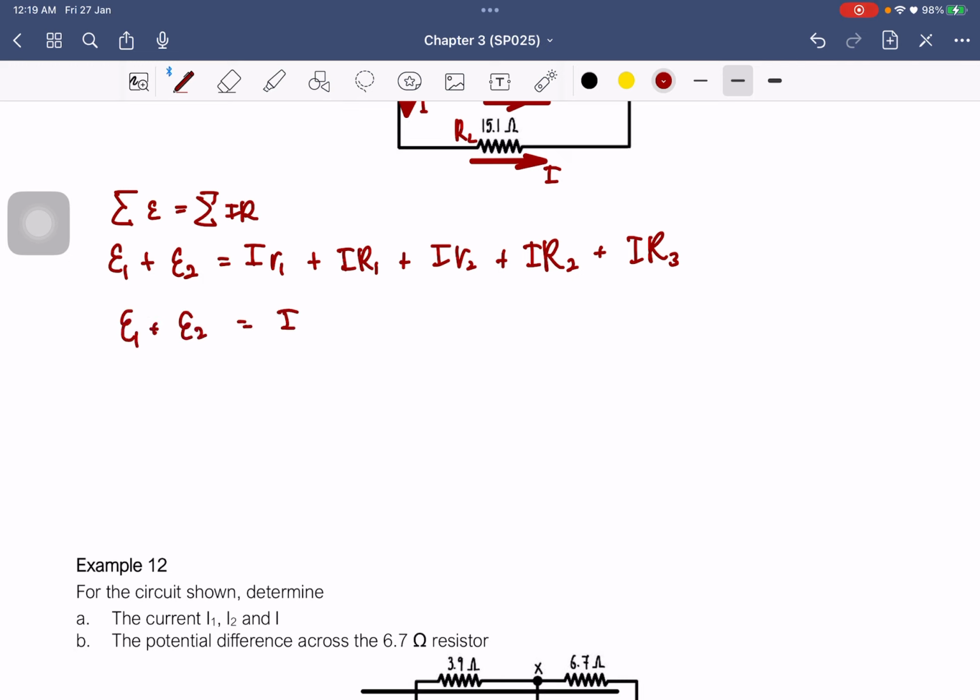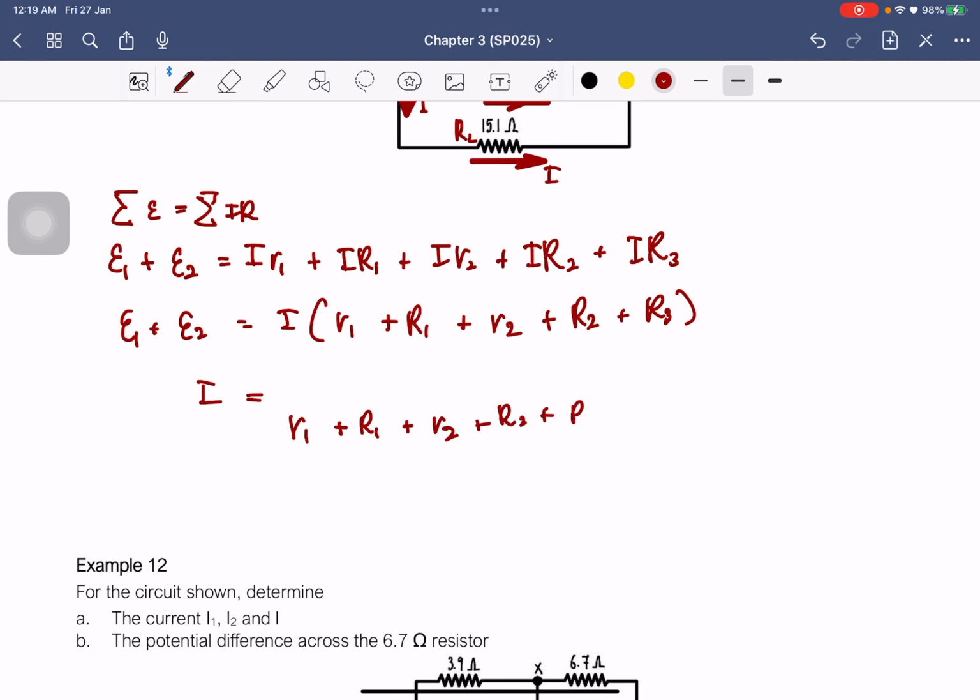So extract I here. So it's going to be R1, capital R1, and then we want to find I. So it's going to be r1 plus capital R1, r2 plus capital R2 plus R3, and that equals E1 plus E2.